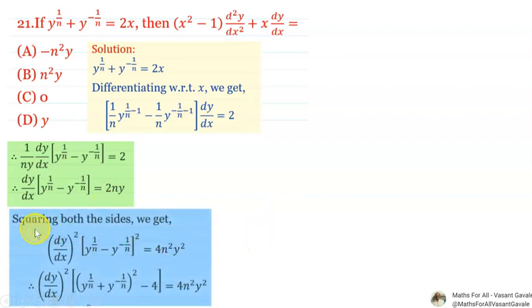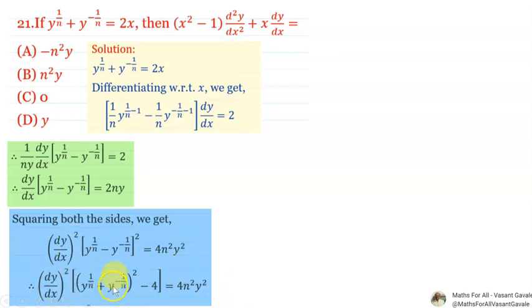Okay. Now squaring on both sides, then you will get here dy by dx bracket square into in bracket y raised to 1 upon n minus y raised to minus 1 upon n bracket square is equal to 4n square y square.